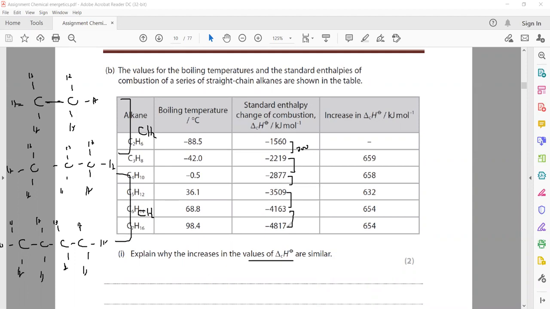That's why almost the same amount of energy change occurs, not exactly the same. Each alkane differs from the next by CH2, with the same number of carbon-carbon and carbon-hydrogen bond differences. They form a homologous series with the general formula CnH2n+2.